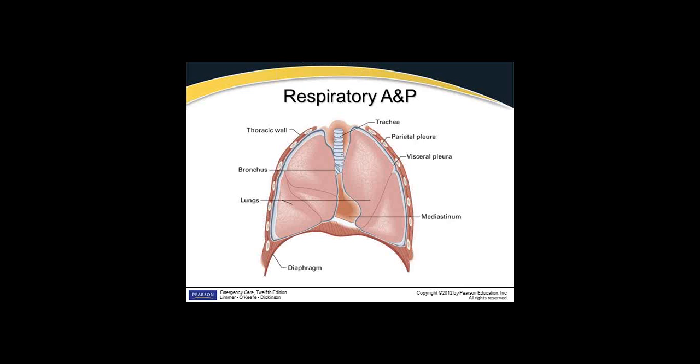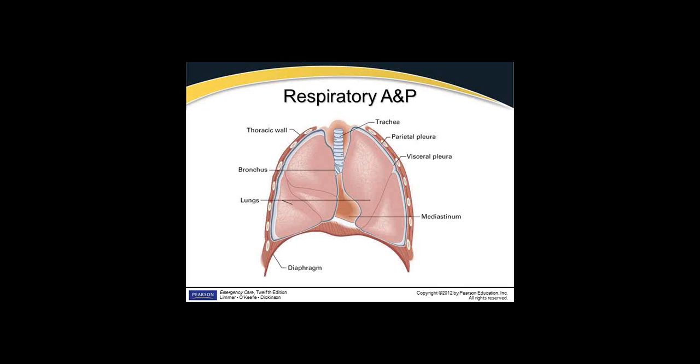The point of this picture, though, is really looking a little bit at the structural components here: the pleura, visceral and parietal, the thoracic wall, the diaphragm. The thoracic wall, of course, has not only the ribs but the intercostal muscles. There are a variety of other accessory muscles up into your neck and into your back that can assist with respiration as well.